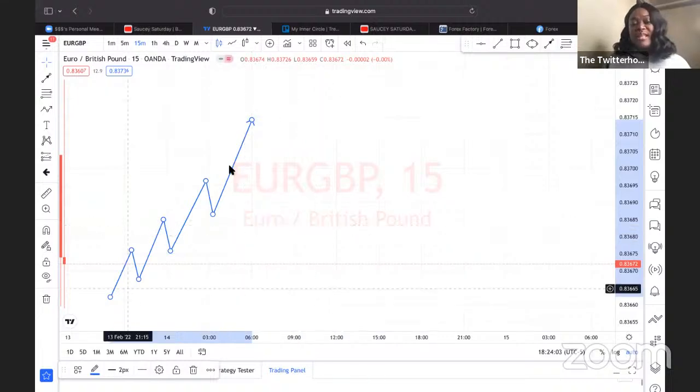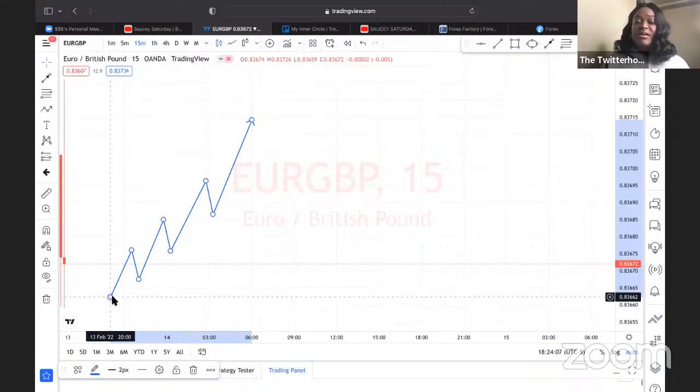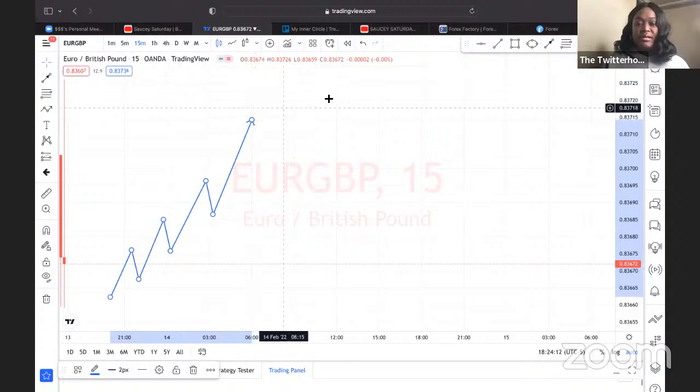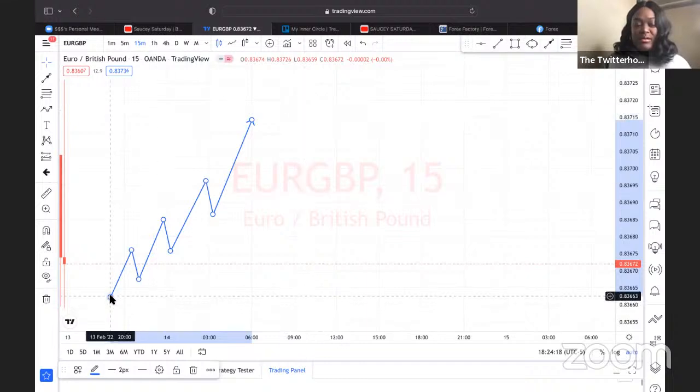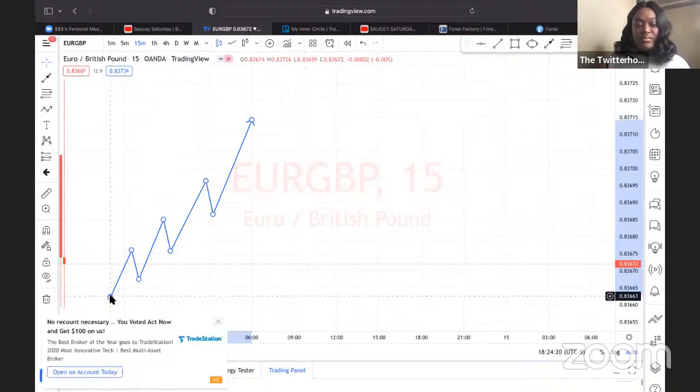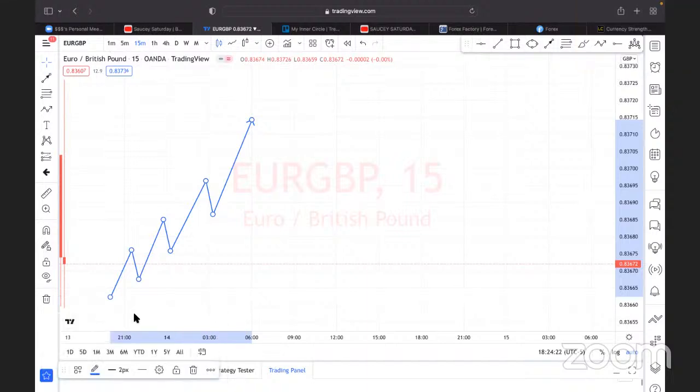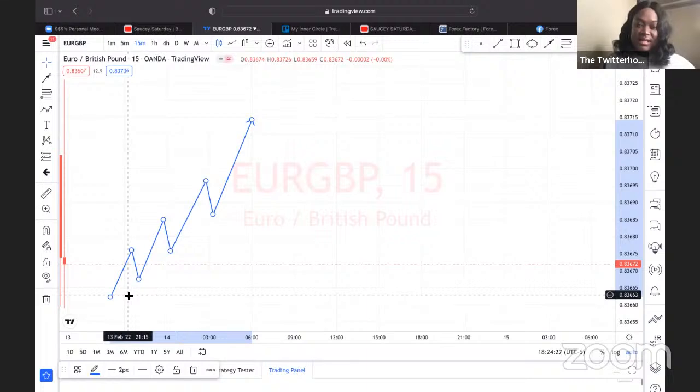So when it's moving like that, yeah, it would be awesome to get in down here and ride it all the way up. But what happens if you miss this entry? What do you do? Wait for the pullback. Yes, exactly.